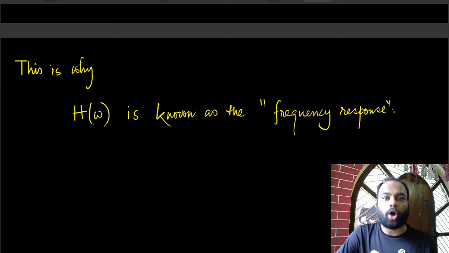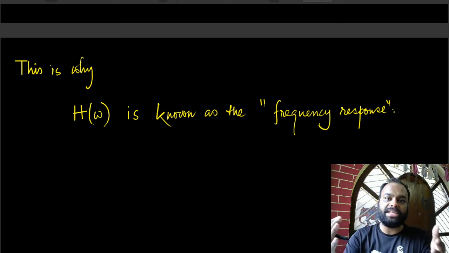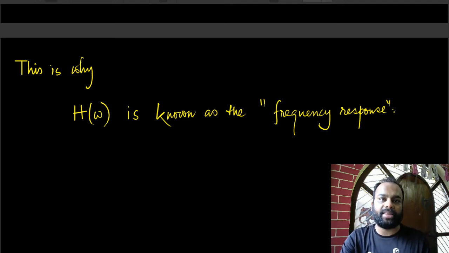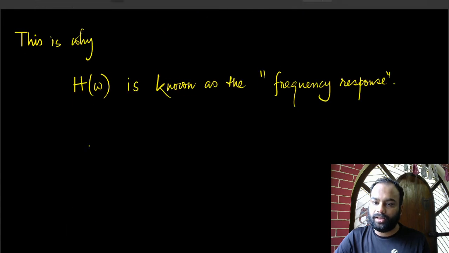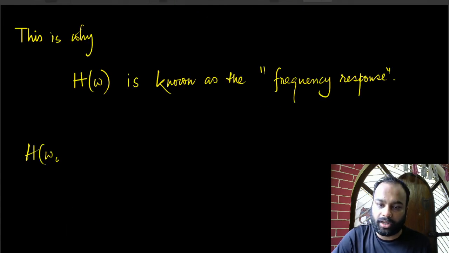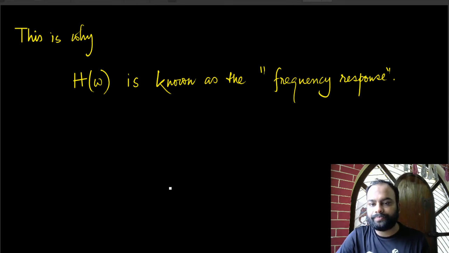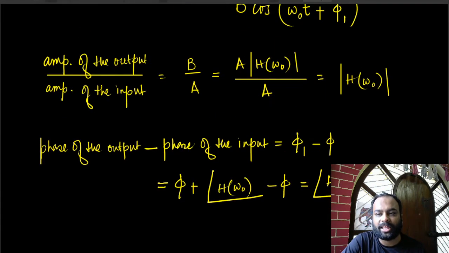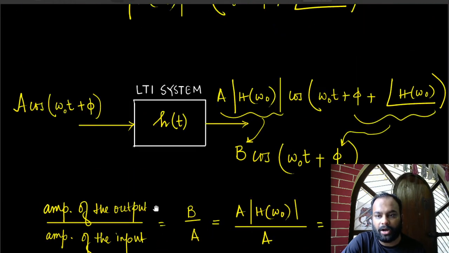How the circuit or the system behaves with varying frequencies. If I change the frequency, how the circuit behaves. That is why it's called the frequency response. I can just put omega naught, it's a special value. This is how we write it: h omega when omega is omega naught, for a particular frequency. So this is known as the frequency response of the circuit. I think I got that out of the way.